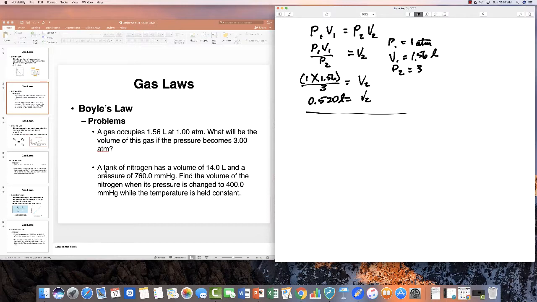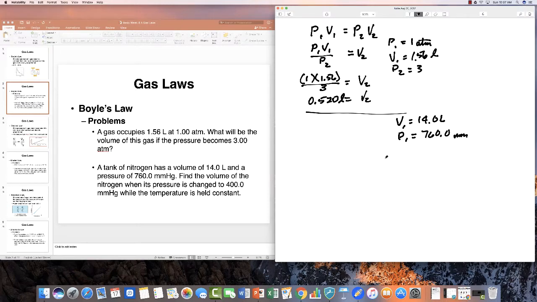Looking at the second one, a tank of nitrogen has a volume of 14 liters. So V1 is equal to 14 liters and a pressure of 760 millimeters of mercury. So P1 is 760 millimeters of mercury.